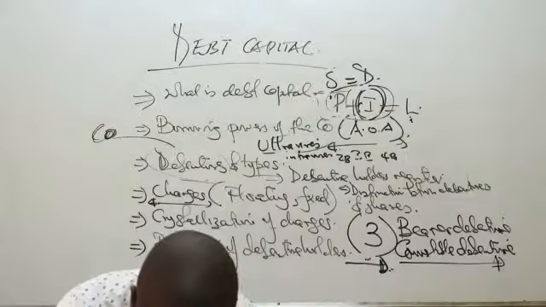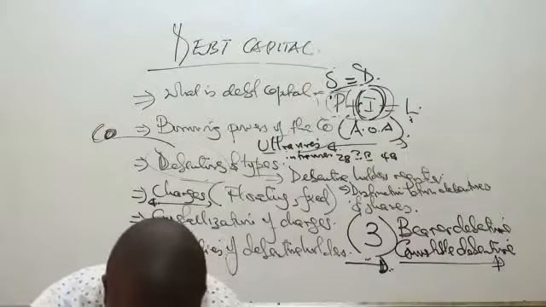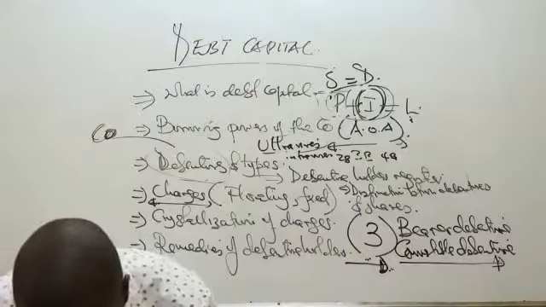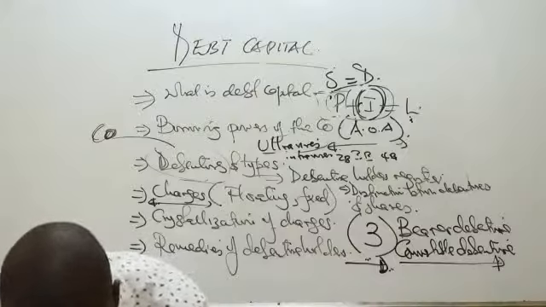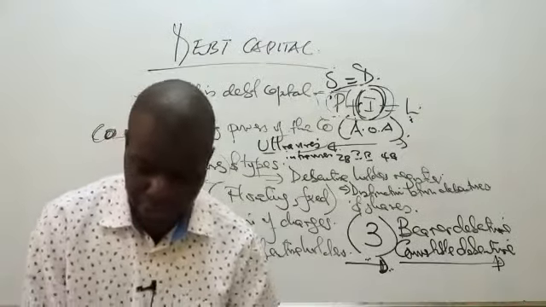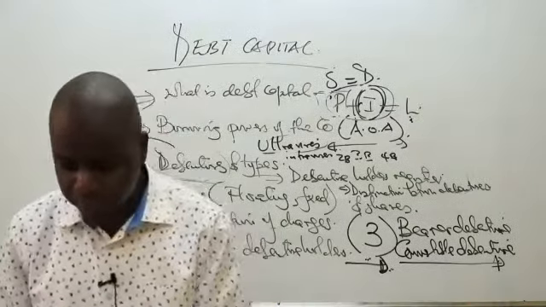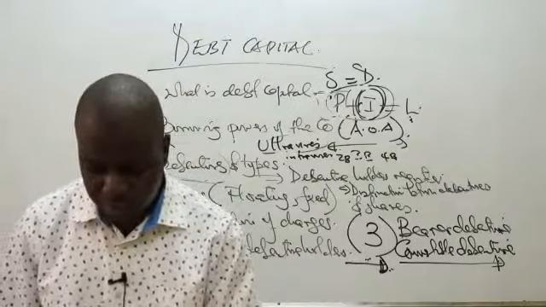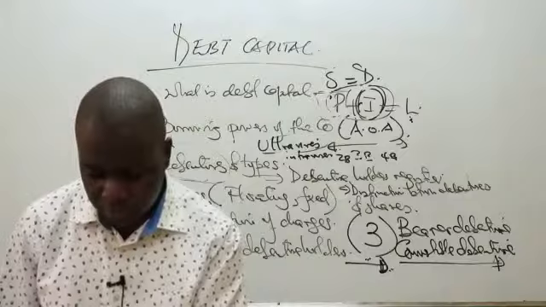Someone has not muted himself, let me mute them. May 2019, question 2B, Roman 2. It says, summarize 3 differences between debentures and shares. So that was tested in May 2019.